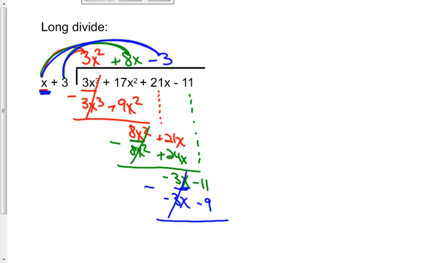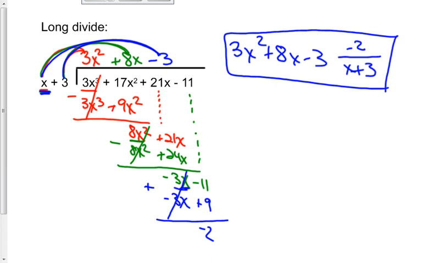This will disappear. And then remember to go out to your minus sign. Negative 11 minus minus becomes plus plus. Negative 11 plus 9 is negative 2. Negative 2 will be our remainder. We've got 3x squared plus 8x minus 3. And the remainder of negative 2, write your remainder as a fraction, negative 2 over the quantity x plus 3.